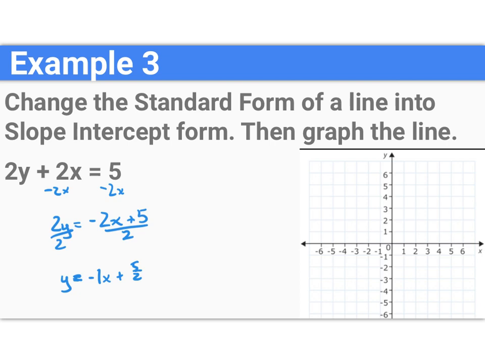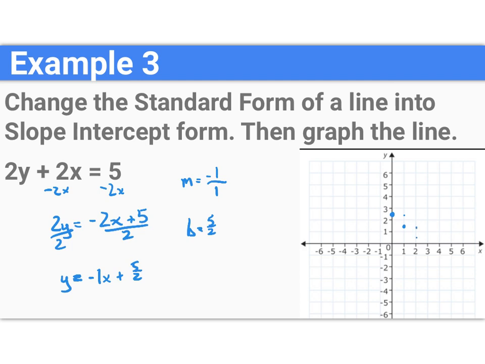So now we will plot the points. So our m is negative 1, which means negative 1 over positive 1, and our b equals 5 halves, which is what, 2.5? So we come through here, then we go over 1 and down 1.